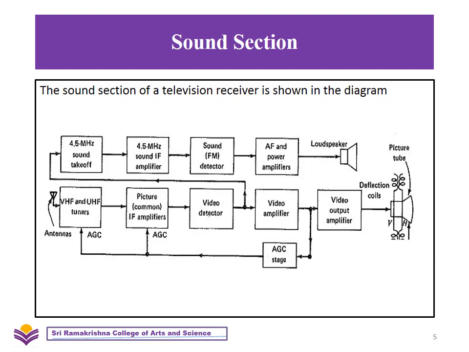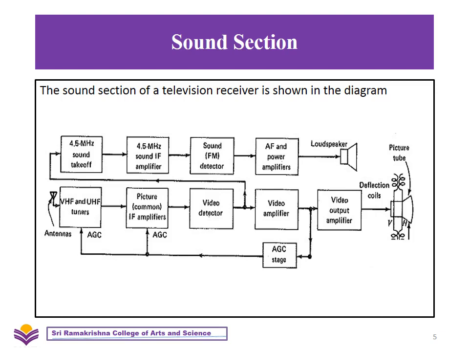First of all, in this block diagram, the radio frequency signal which is received by the antenna consists of very high frequency and ultra high frequency. That is given as an input to the tuner circuit.